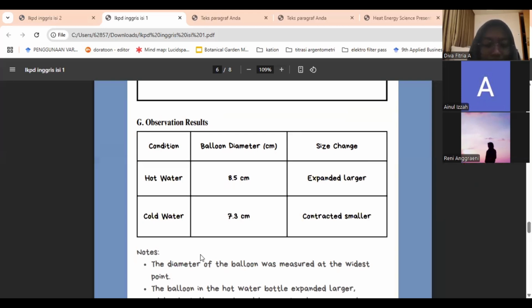Okay, the observation result. First, with hot water, balloon diameter is 80.5 centimeter and size change is expanded larger. And with cold water, balloon diameter is 7.3 centimeter with size change contracted smaller.